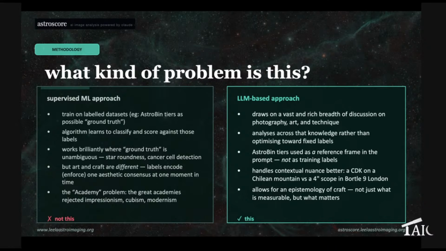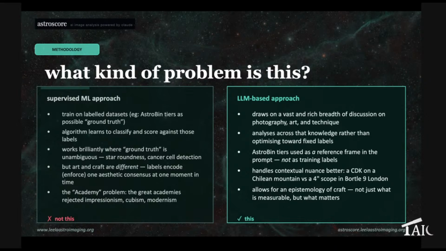And as I looked into that, what I realized was that that approach can work very well where ground truth is very clear, where it's very unambiguous, things like star roundness or in different fields, cancer cell detection, right? But if it's something about art and craft, that's actually more difficult.